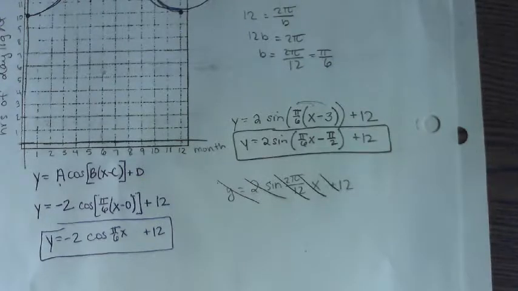Regardless of whether you write sine or cosine, midline does not change, amplitude does not change, and the B value does not change. Any questions on that?